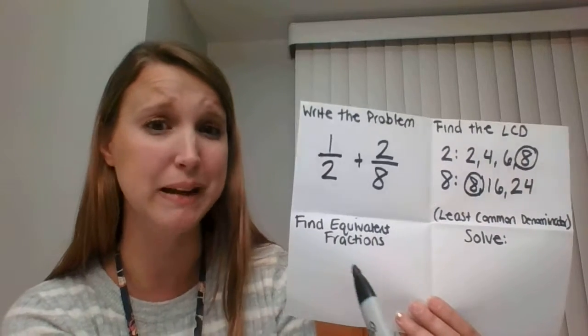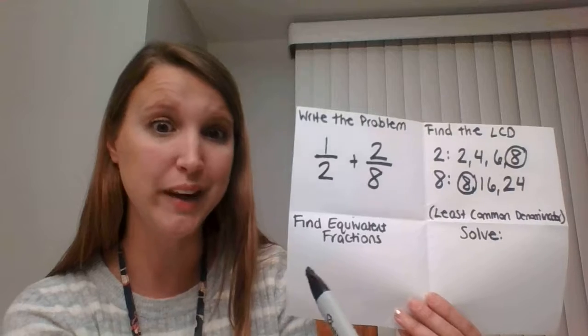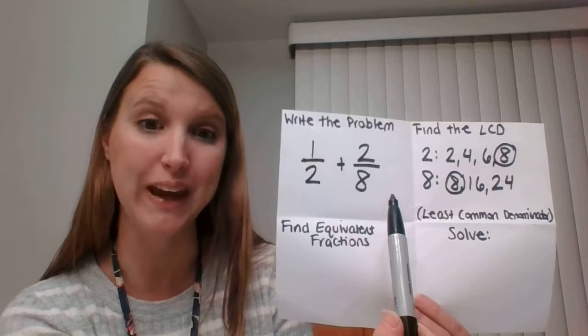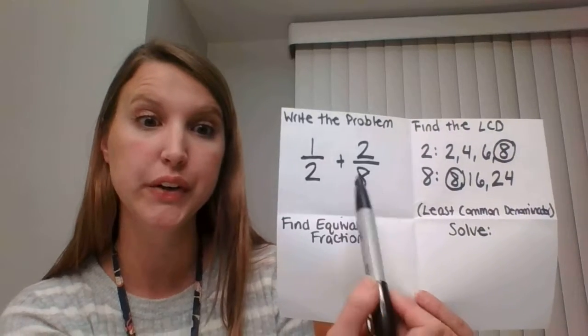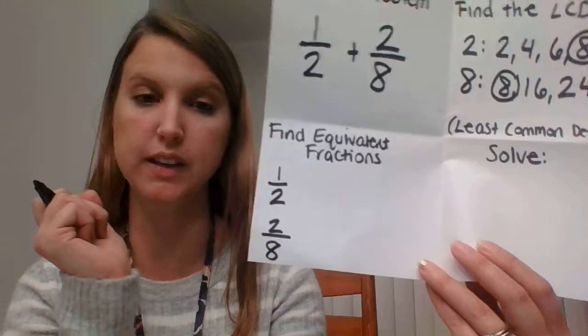This is the reason we spent quite a bit of time on equivalent fractions, is because we need to find an equivalent fraction to 1/2 and 2/8 in order for us to get these denominators to be the same. So I'm going to go ahead and stack my fractions. I'm just going to write my fractions up and down like this.